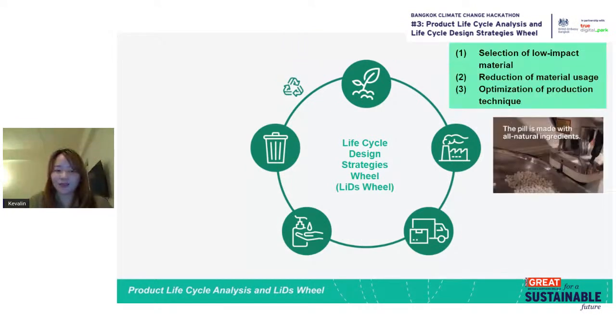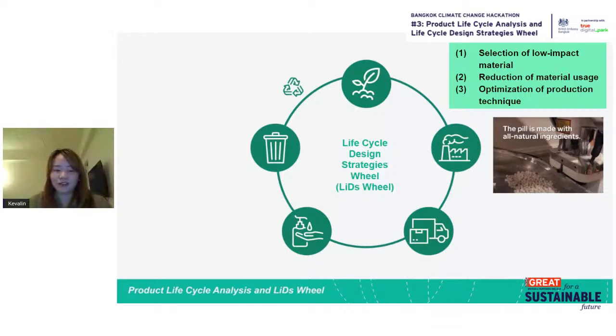In the next one, the production phase, there are 3 possible strategies to consider. First, selection of low impact material. Second, reduction of material usage. And third, optimization of the production technique. In our case at Shoeco, we go with selecting main ingredients from local suppliers first.